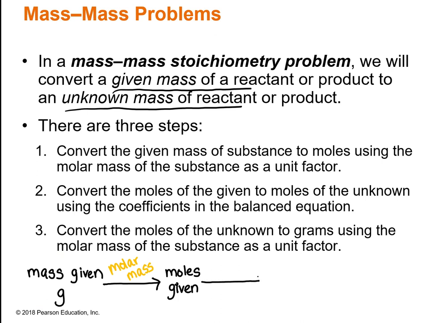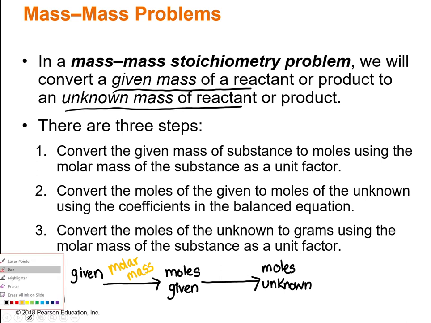Once you have your moles of given, you're going to convert that to moles of your unknown. Now, we just did a problem like this. What do we need to go from moles of one thing to moles of another using a balanced chemical equation? What is that called? Not Avogadro's number.